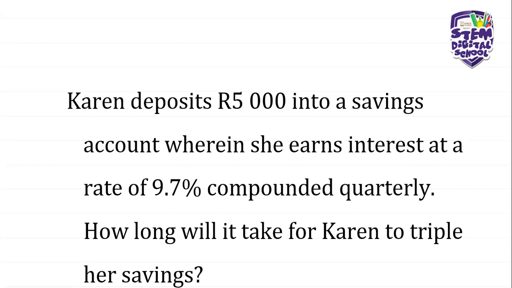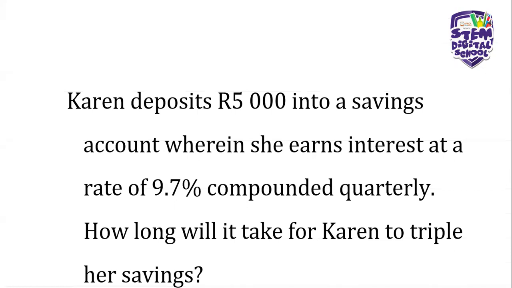And we also know that the interest there is 9.7%, which must be divided by 100. If you divide 9.7 by 100, you will get a value of 0.097. And this is the value that you can use.